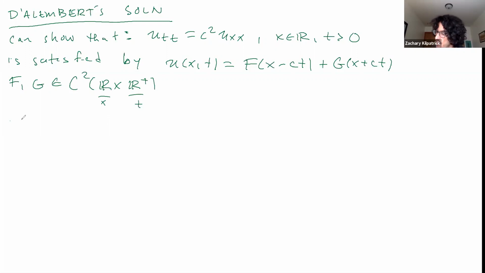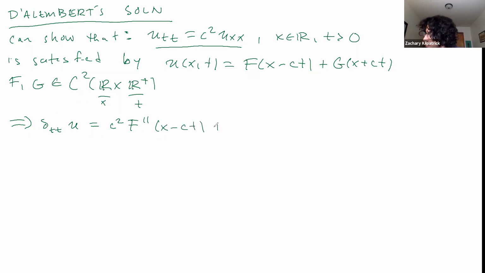And so in order to show this, we can just take this PDE and write d_tt of u, which in this case would be equal to c squared f prime prime of x minus ct by the chain rule, plus c squared g prime prime of x plus ct.